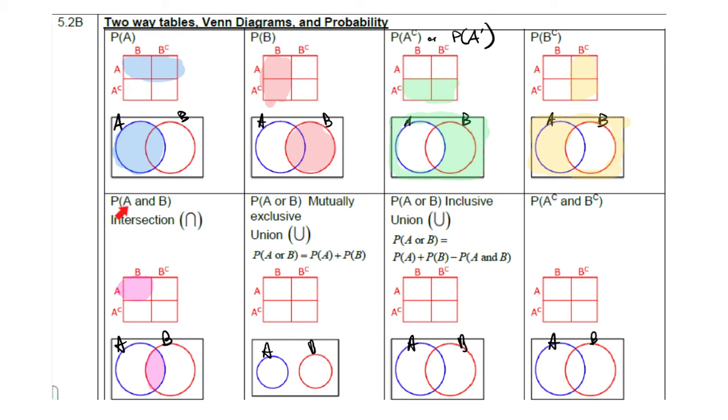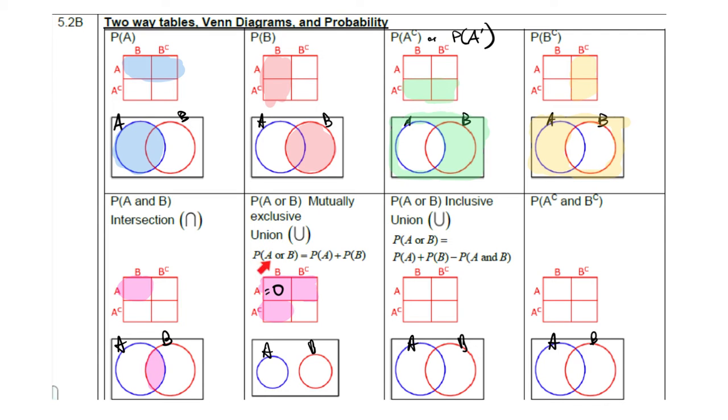Now we have the probability that A and B occur. This is intersection, that's the upside down U. That's just this rectangle here, and that's just the overlapping area in the Venn diagram where both A and B occupy the same space. Here we have probability of A or B occurs, and these A and B are mutually exclusive.